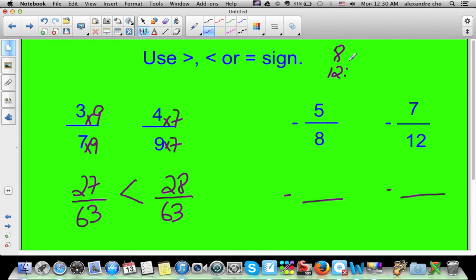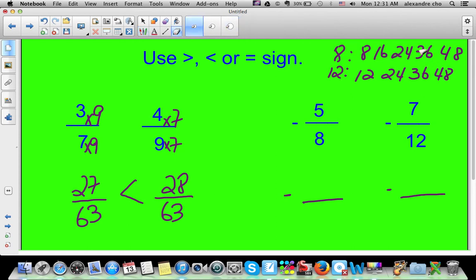Find the LCM, the least common multiple. So multiples of 8: 8, 16, 24, 32, 40, 48. Multiples of 12: 12, 24, 36, 48. And I have no idea what I did on the top because that's all wrong. So forgive me here. I was thinking of something else. Well, 24 was correct.